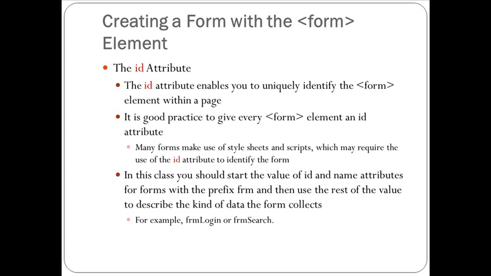In our class, you start the value of the ID and name attributes for forms with a prefix of frm, so that we know that it's referring to a form. The rest of the value would be something that would describe it in some way, like frmLogin or frmSearch.